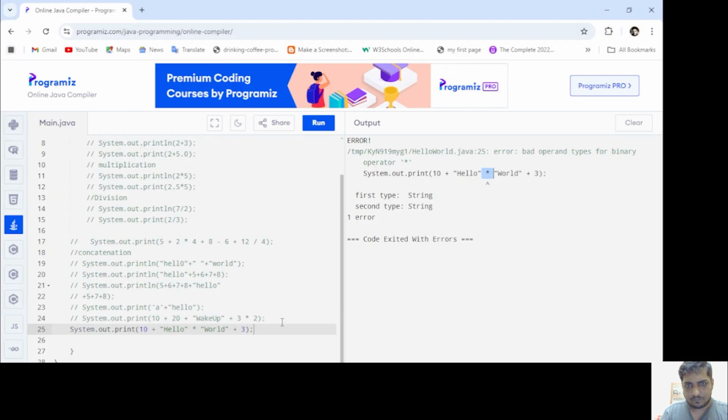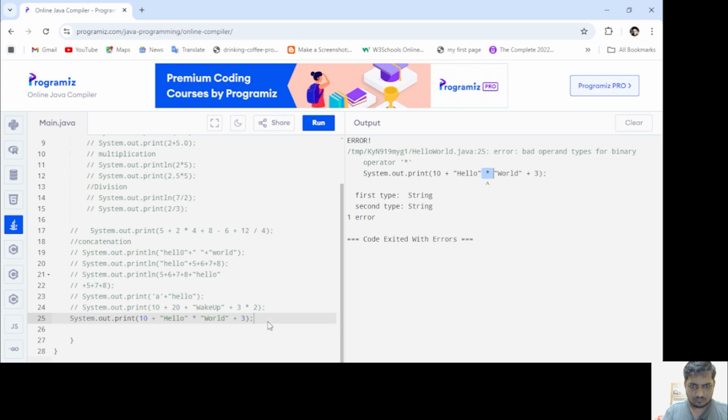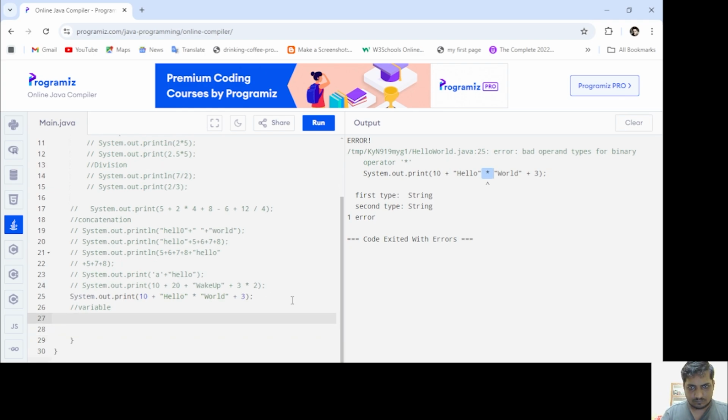So here we talk about the variable. Now if I take an integer variable a, and I take a string type variable called b, you know that a is a variable, and what does a store?